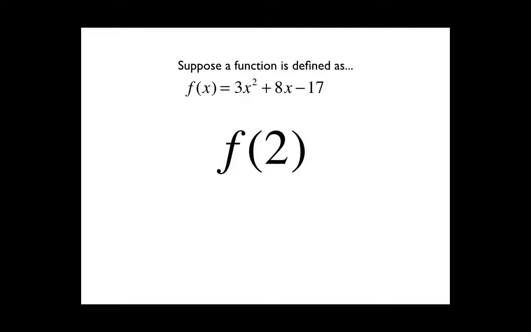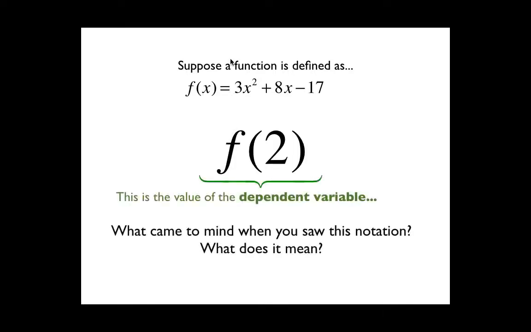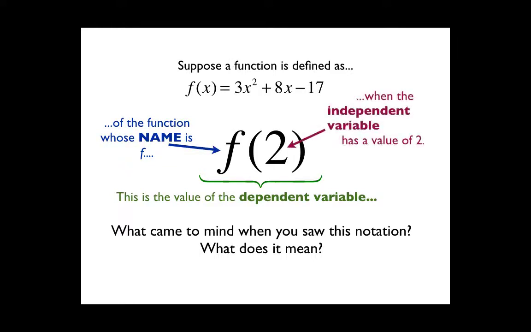This is a relationship f. That maybe it's the motorcycle, maybe it's not. But just keep in mind that f of 2 represents that output value, or the dependent variable value, where 2 was the input and the relationship name is f.